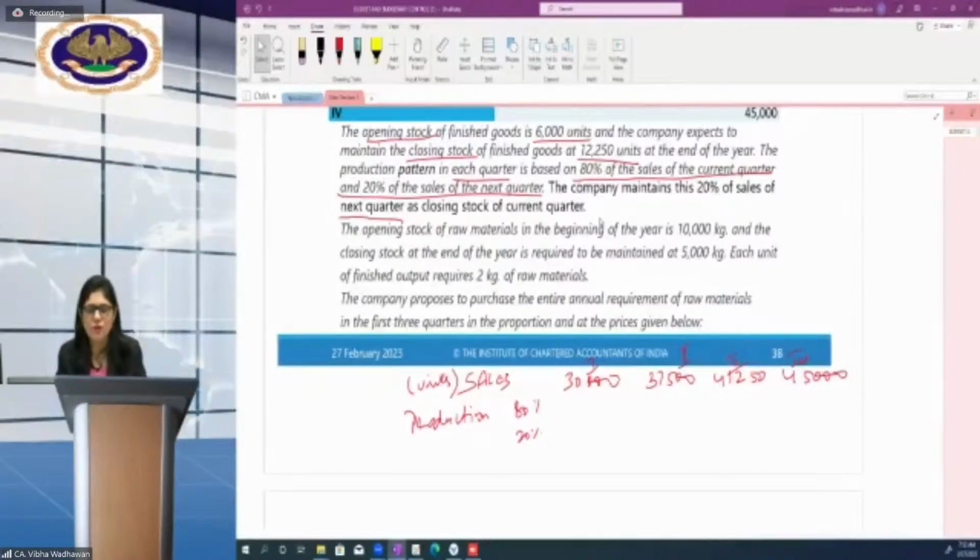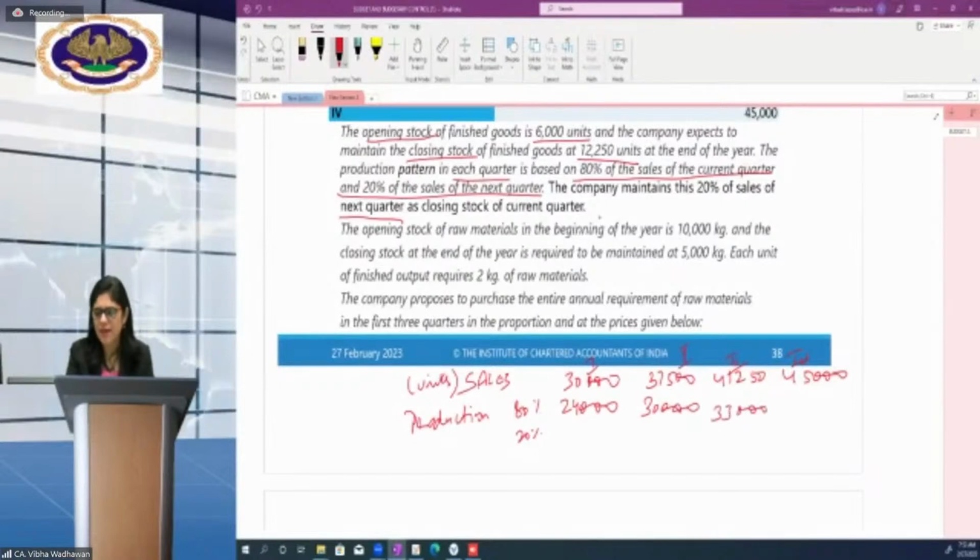Production for the 1st quarter: 80% of the current quarter, 30,000 into 0.8, is 24,000. Then 37,500 gives 30,000, 41,250 gives 33,000. I'm calculating for the current quarter only. 45,000 gives 36,000. So 80% of the current quarter will be the production, plus 20% of the following quarter.